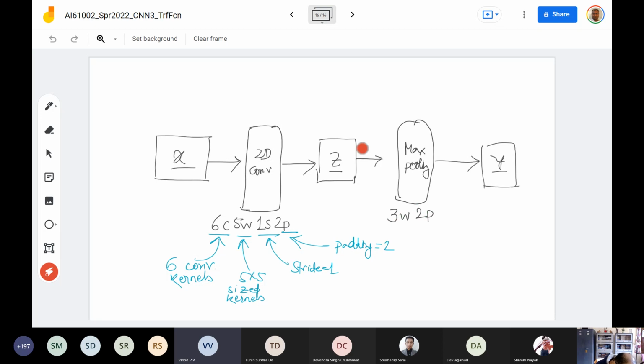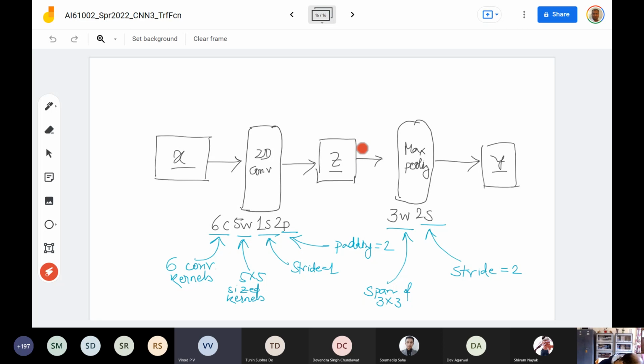So what I meant to say is that this is with a span of 3 cross 3, and this is, sorry, not P, but this is S. We don't actually pad anything in case of a max pooling, and this is with the stride equal to 2.